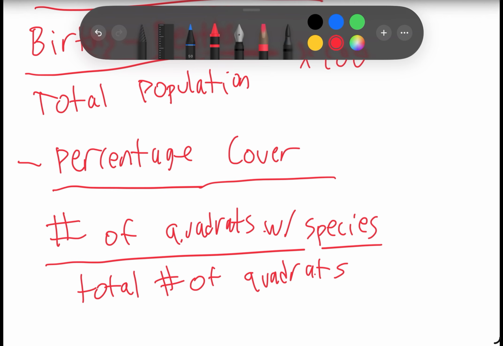And then if you want to find the percentage frequency, you have to multiply it by 100.